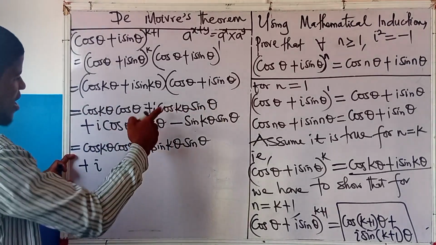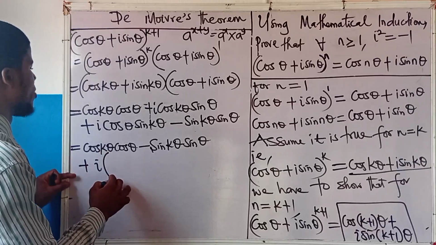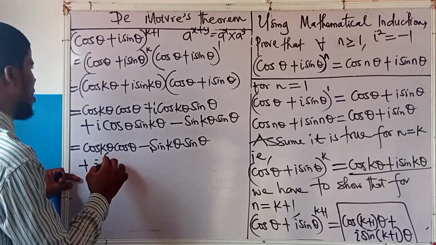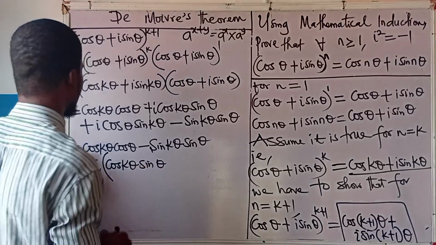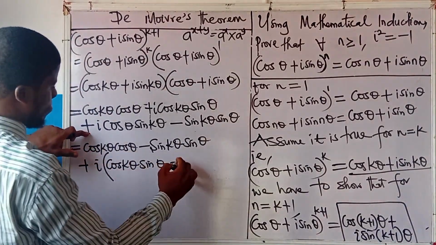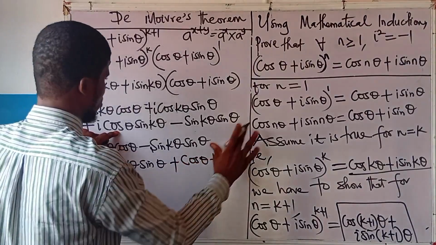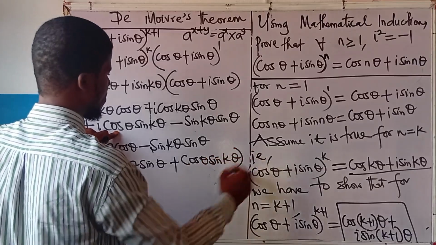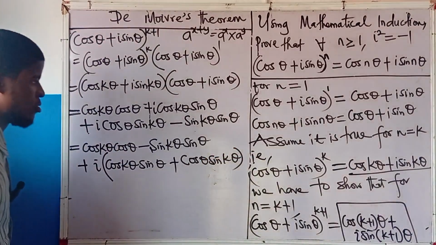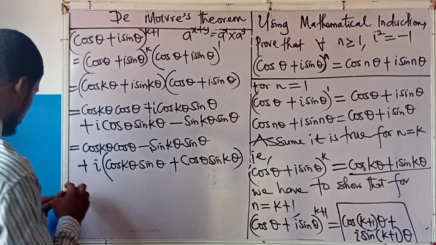Since both of them have I, let me open a bracket with the I and write cos k theta sin theta plus the remaining term, cos theta sin k theta. You have to be very, very careful while doing this kind of mathematics because it's kind of confusing, you know.